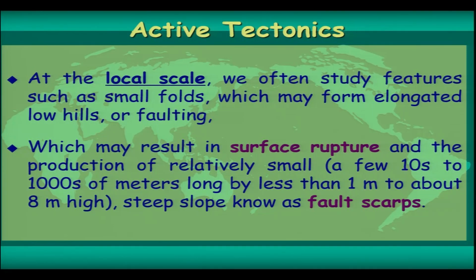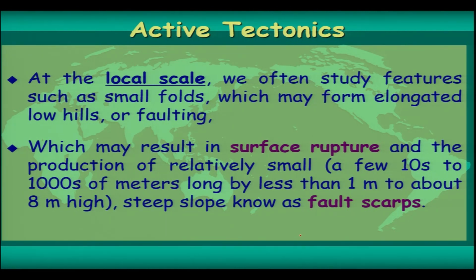Then coming down to the regional scales, we talk about the development of the mountain chains and all that, and on the local scale we talk about the smaller features like faults, folds, joints. And mostly the surface ruptures, that is the fracturing or the displacement which we will observe on the surface, will be manifested in the form of fault scarps.